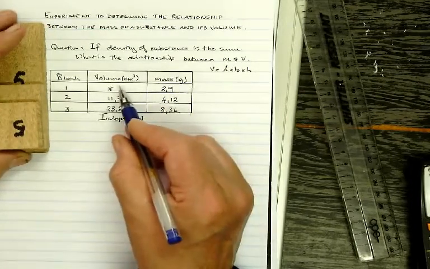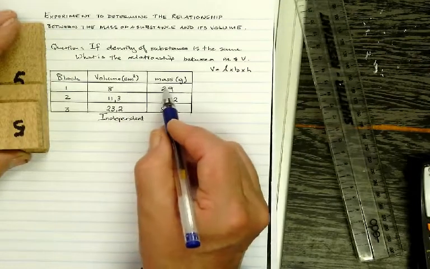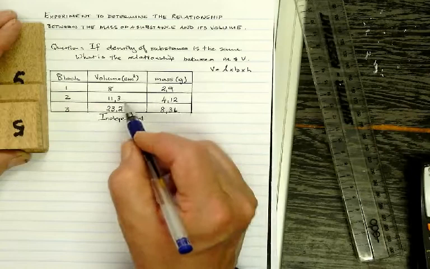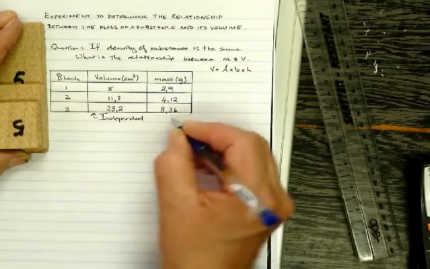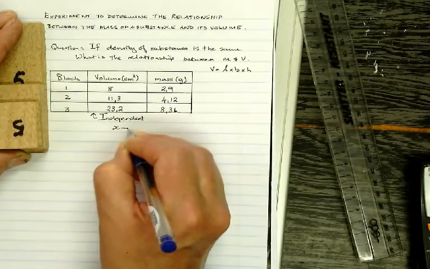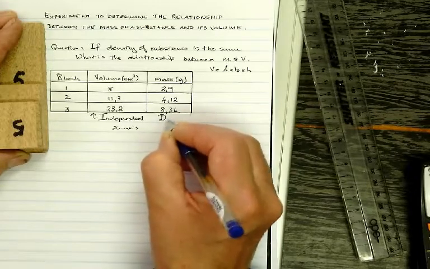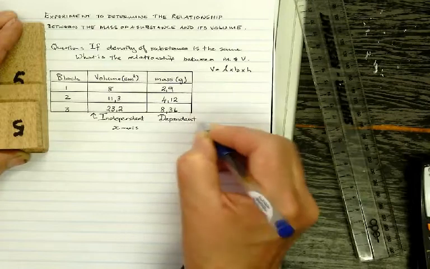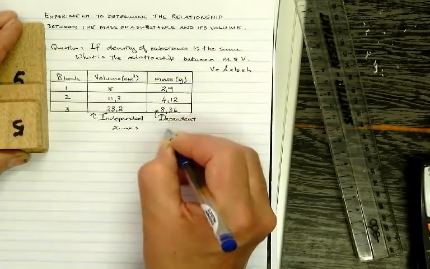We cut the blocks according to a specific volume, and we used the balance to get the mass. So volume is the independent variable, and that should go on the x-axis, and mass depends on it, and is plotted on the y-axis.